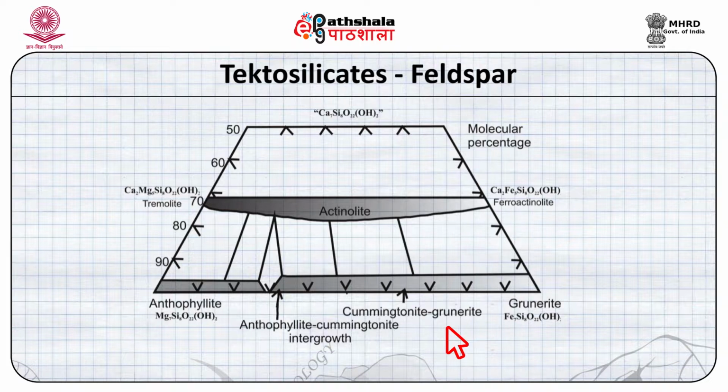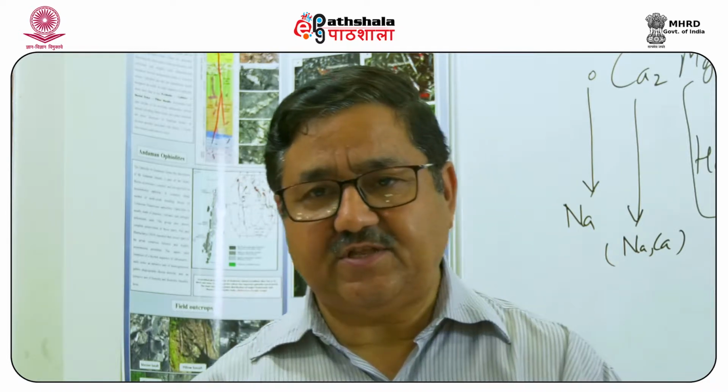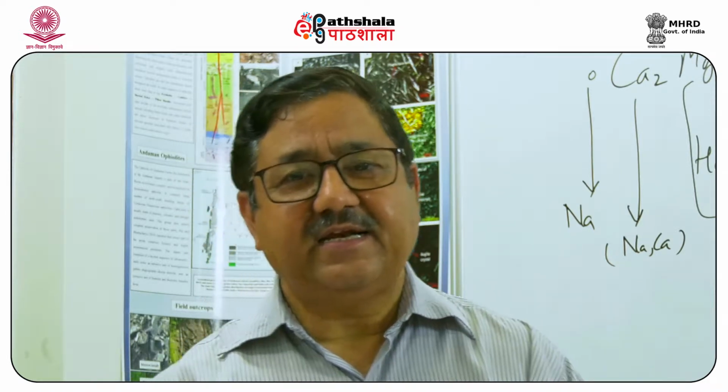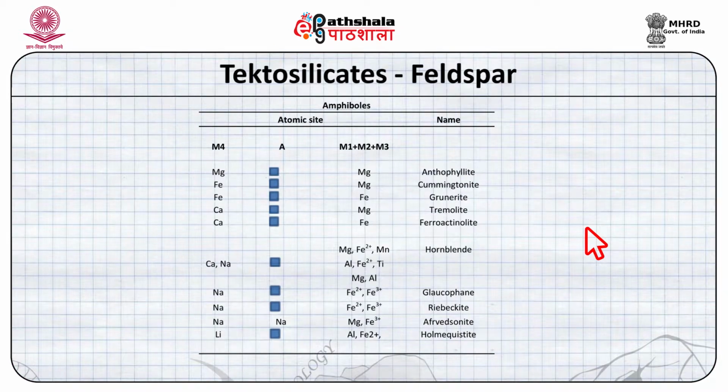When we try to observe the 4 M sites and the cations which they occupy, that is illustrated in the accompanying table. Now, in this table you see that the M4 site can have iron, magnesium, calcium.